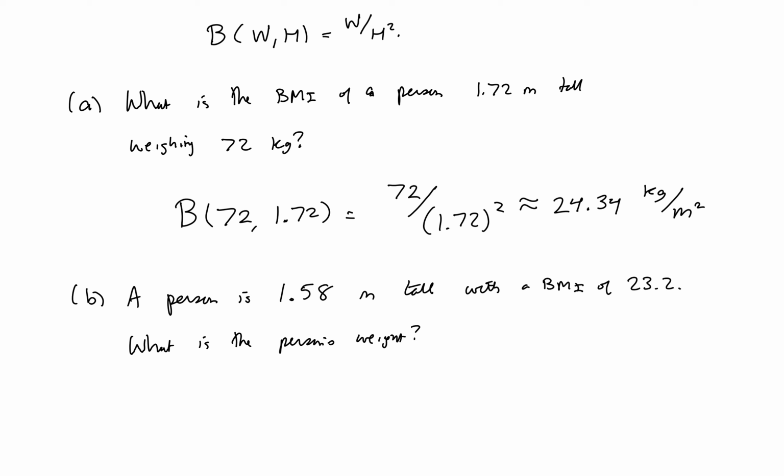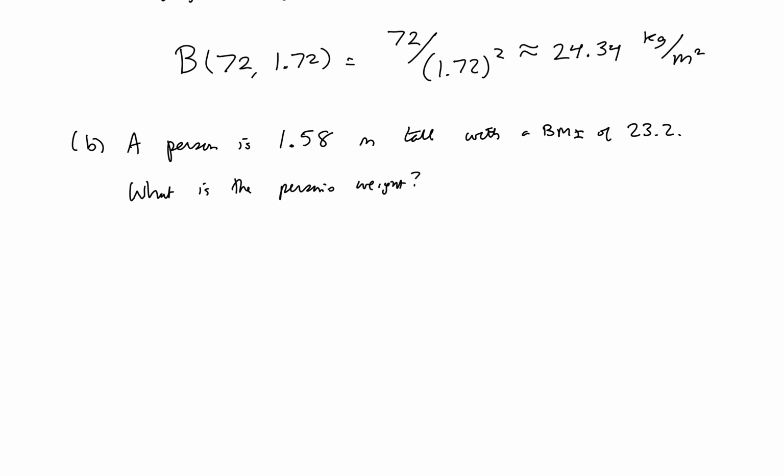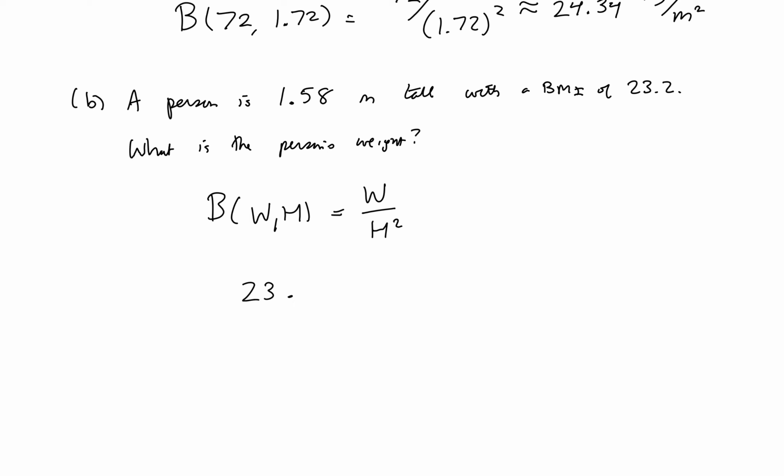Okay, so in this case, we know the output and one of the inputs. The person is 1.58 meters tall, and they have a BMI of 23.2, and we want to know what the person's weight is. So we have B(W,H) equal to W over H squared, and we know two of these three things, so we can fill in the 23.2 for the BMI.